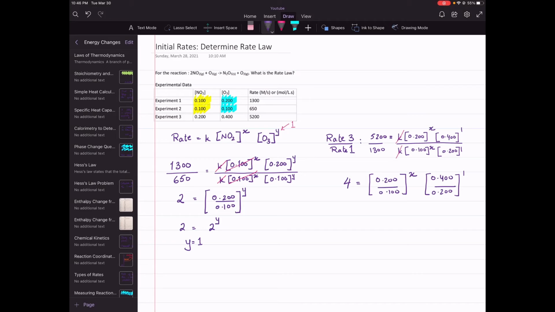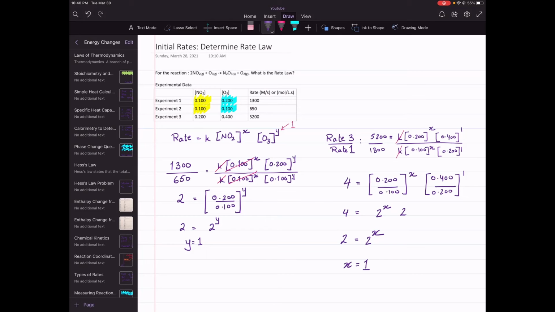That gives me, if I simplify that, 4 is equal to 0.200 divided by 0.100 is equal to 2 to the power of x, and the 0.400 divided by 0.200 is equal to 2 to the power of 1, which is equal to 2. So simplifying it further, we can say 2 is equal to 2 to the power of x, and therefore x is also equal to 1.